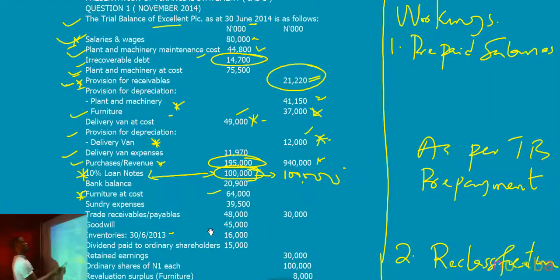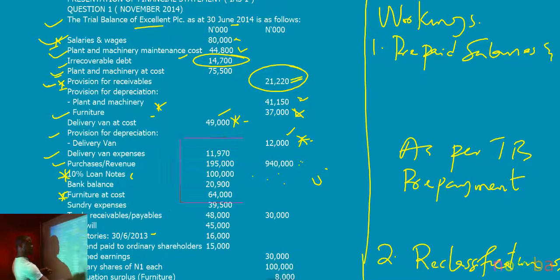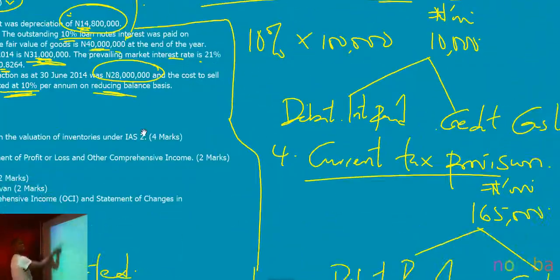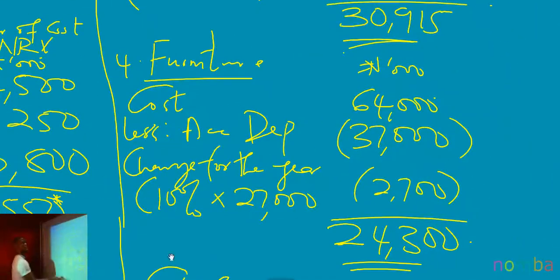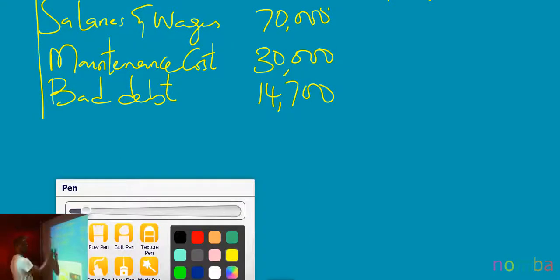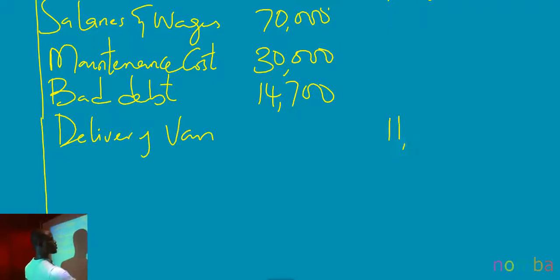And the delivery van expenses was how much? Delivery van expenses was 11,970.